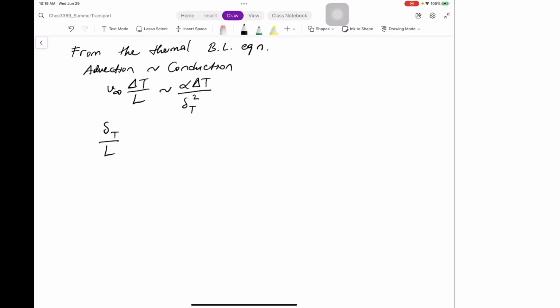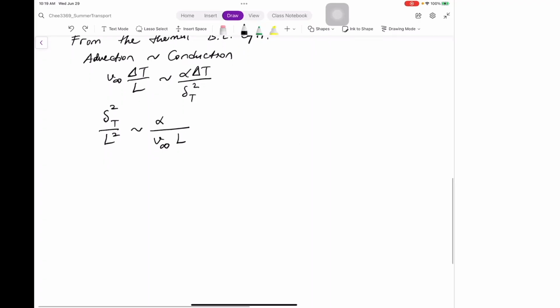So let's actually get the delta t over L. Since I have the delta t squared there, let me square both of them. So delta t squared over L squared should be in the same order of magnitude as alpha over V infinity, delta t's cancel, right? But you have one more L because I want to make this L squared instead of L. Okay.